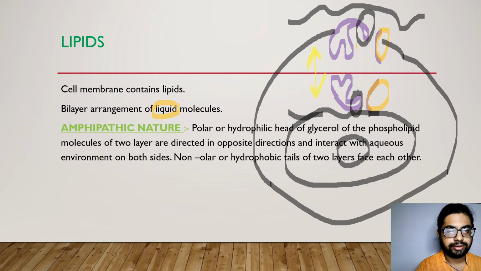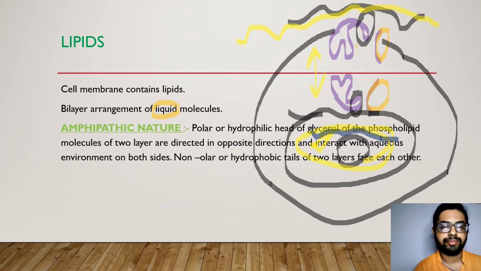These polar or hydrophilic heads are placed in opposite directions because outside the cell the medium is aqueous, and also in the cytoplasm, this is the cytoplasm, right? This medium is also aqueous. It has to be aqueous in nature. Cytoplasm is aqueous only.